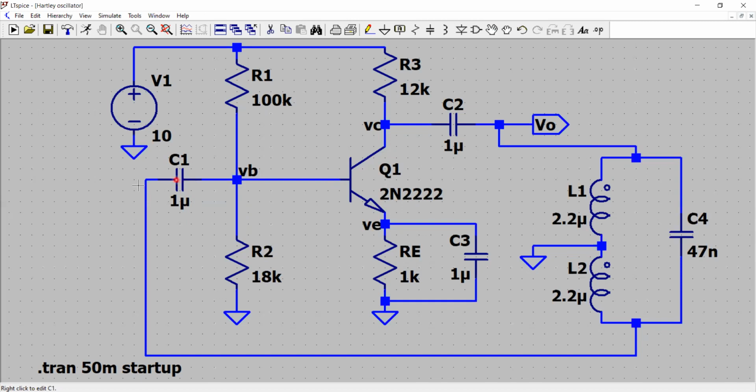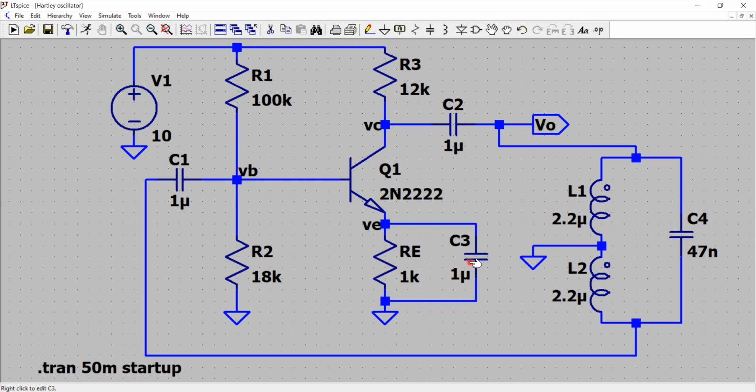Essentially, they act as a short circuit for the AC signal so that the alternating signal at the input pin gets coupled to the circuit at the input side. And C2 acts as a short circuit at the desired frequency of operation so that the AC signal at the collector pin gets coupled to the load that we connect at the output. Here is the output.